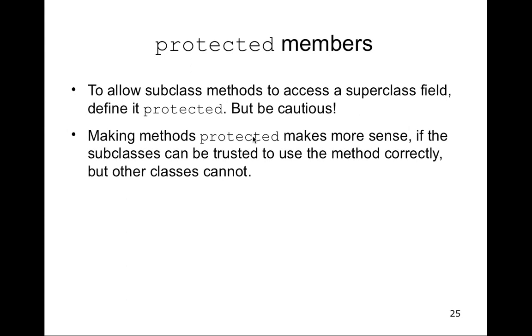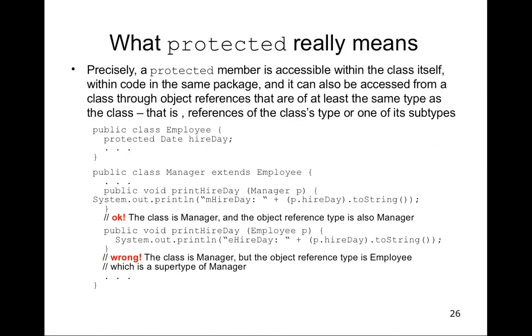So making methods protected makes more sense if the subclass can be trusted to use the method correctly, but other classes can't. So unless you're subclassed from that class, other classes can't see it, can't use it. So what protected really means, precisely: a protected method is accessible within the class itself, just like private, and within the code in the same package.